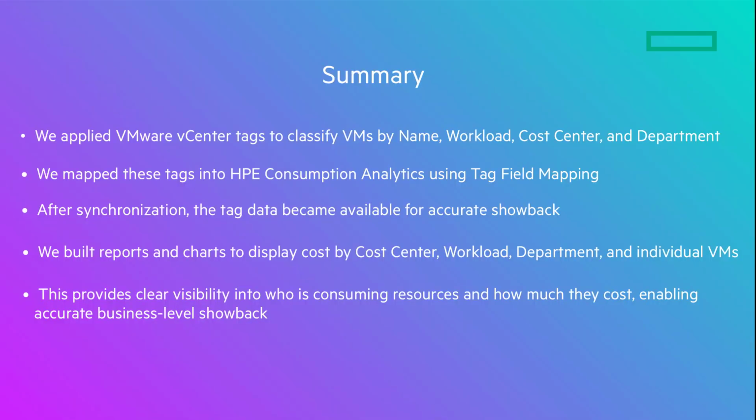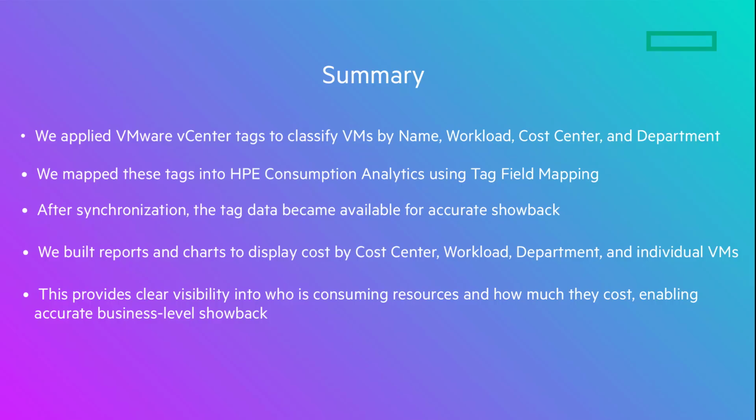Here is the final summary of what we achieved in this video. We applied VMware vCenter tags to classify VMs by name, workload, cost center, and department. We mapped these tags into HPE Consumption Analytics using tag field mapping. After synchronization, the tag data became available for accurate showback.